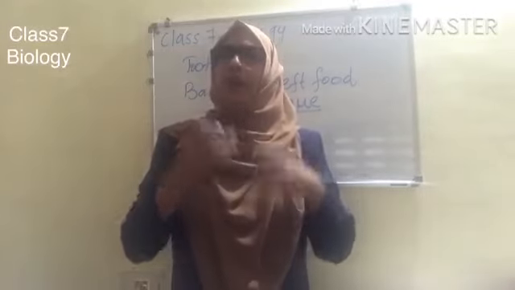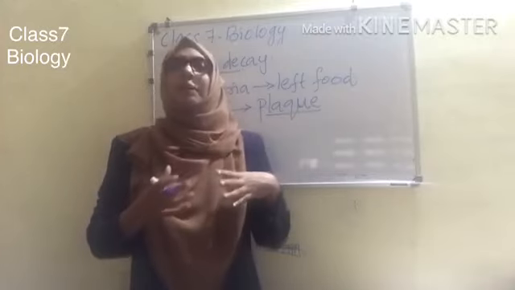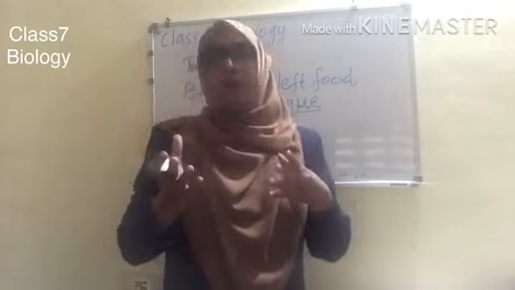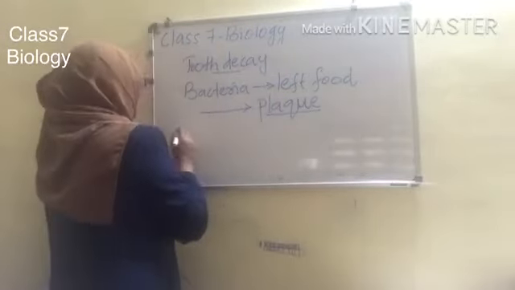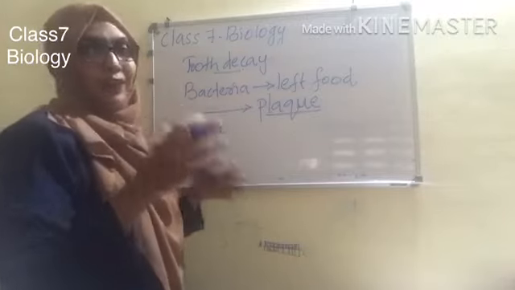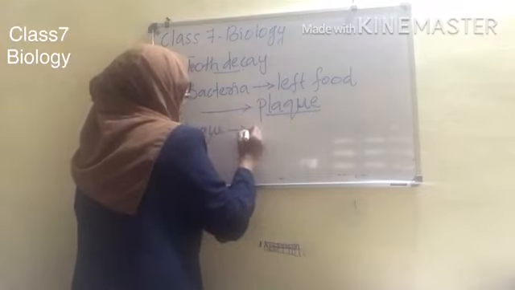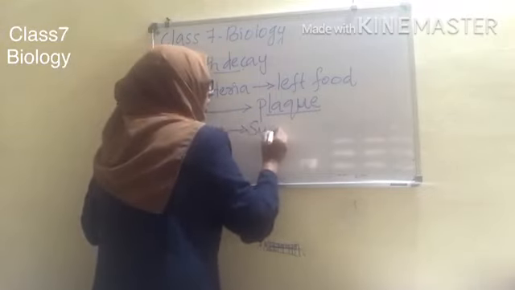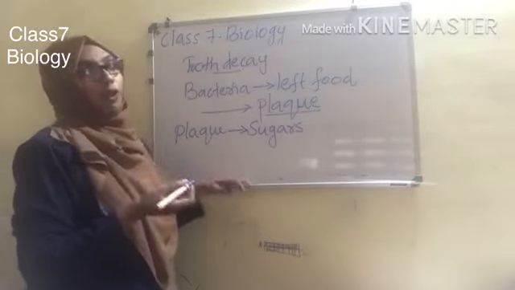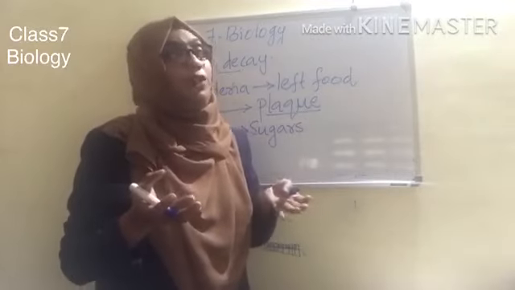Now what would happen if we don't remove the plaque? What is the negative impact plaque causes? If plaque is left uncleaned, it would react with the sugars present in our food. Our food contains varieties of tastes, and we are very fond of sugars, right?